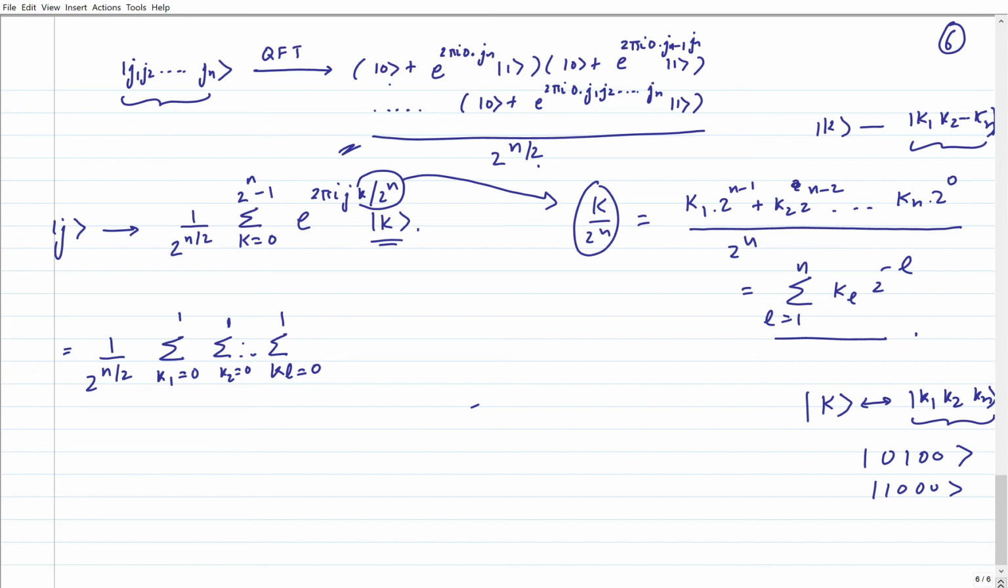0 to 1. And remember, all these are tensor products. So a state like 0, 1, 0, 0 actually means a tensor product of all these constituents. And I'm going to put K as this guy. So this is going to be a tensor product of the following constituent two-dimensional vectors.